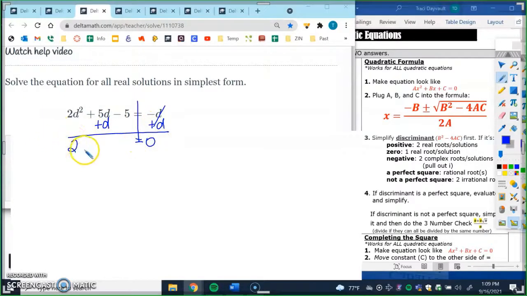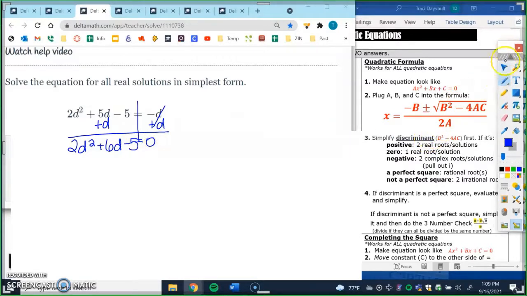Okay, this gives me 2d squared. I can only combine 5d and 1d. I can't combine d with anything else. So 6d minus 5. Then all we have to do is know our wonderful formula.